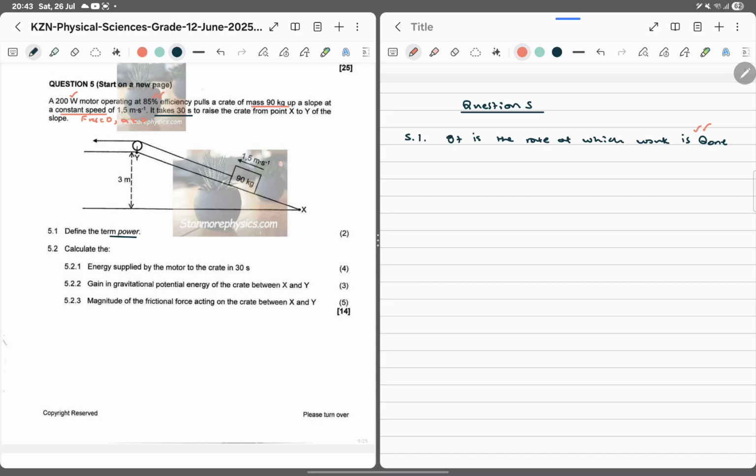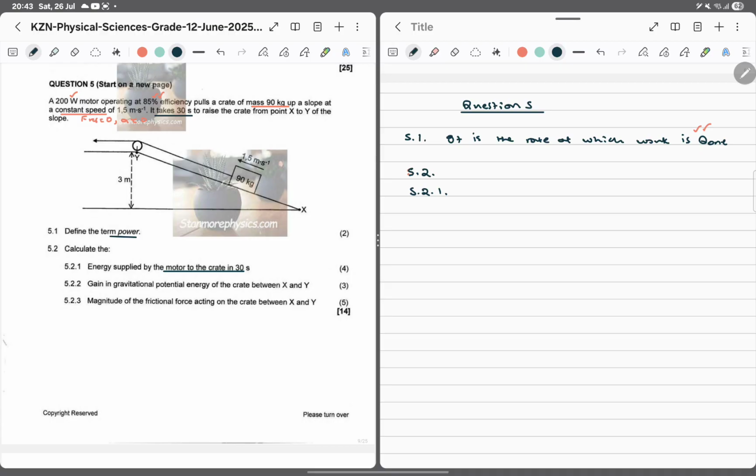Calculate. So this means to answer these next few questions, we cannot answer them without some show of a calculation. We need to calculate the energy supplied by the motor to the crate in 30 seconds.